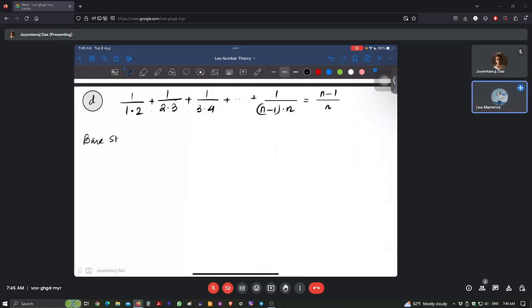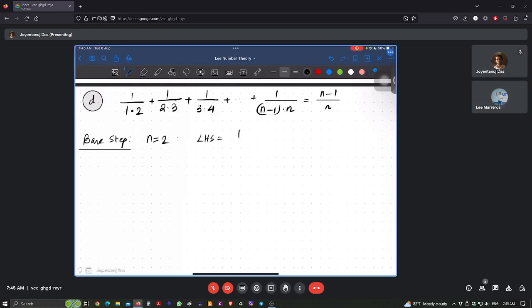n equal to 1 will not work, right? Because if you put n equal to 1, then it becomes 0, right? 1 by 0 is not defined. So n equals to 2 is the best case here. Then the LHS is this thing, so that is half.